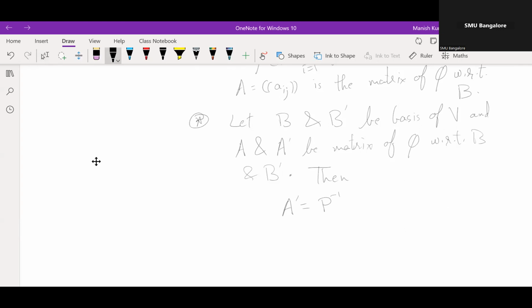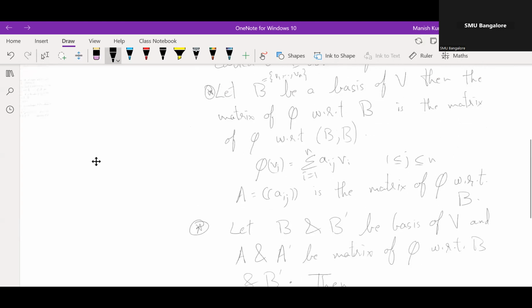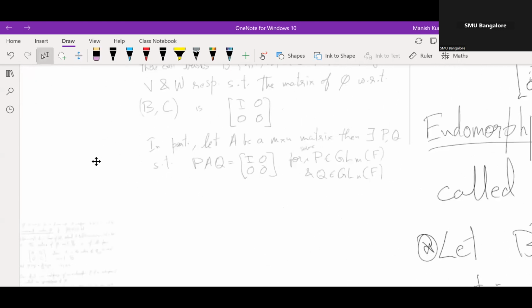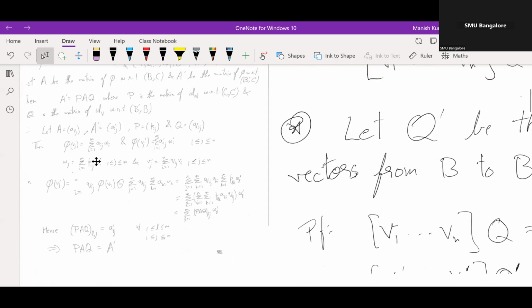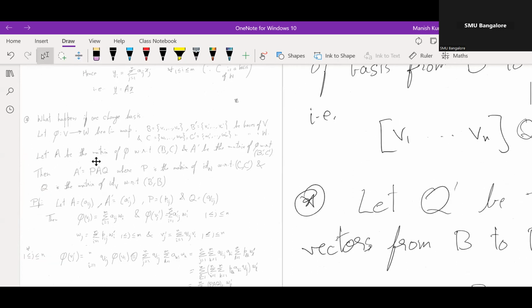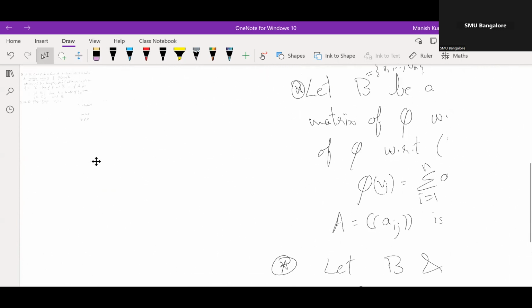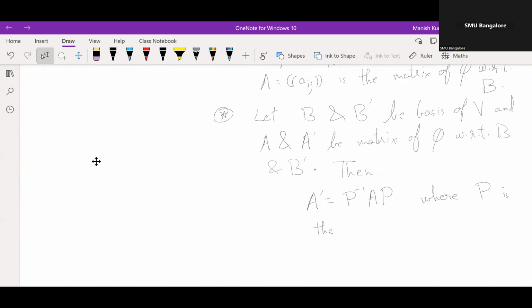So you can write it as P inverse AP, where P is basically Q, the change of basis matrix from B prime to B.